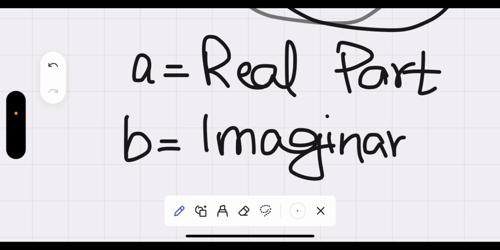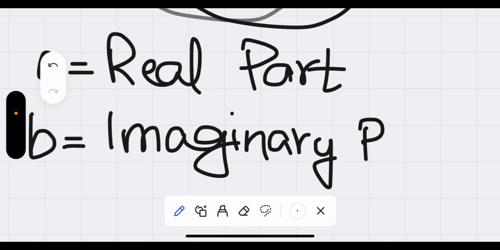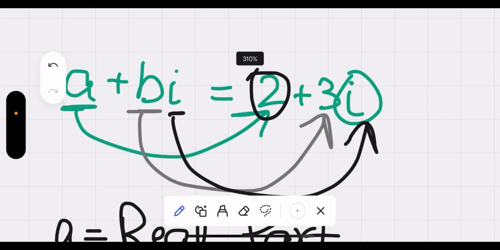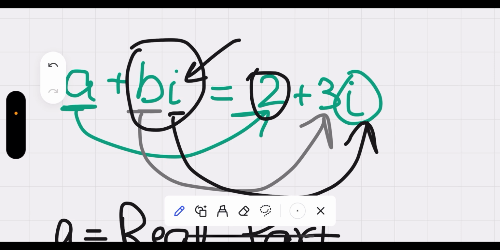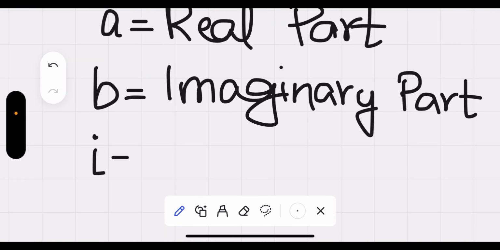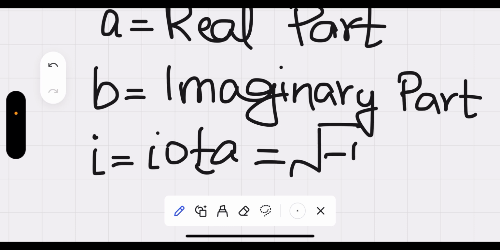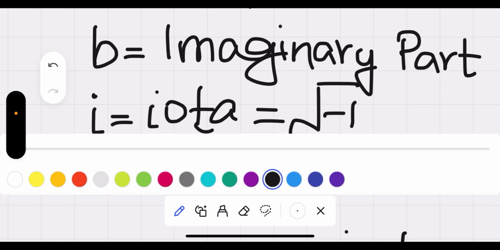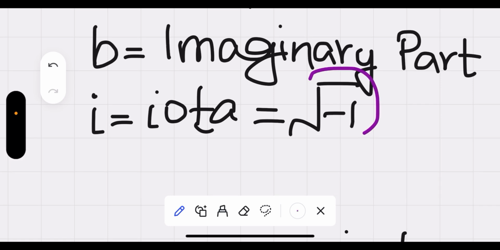Now what is an imaginary number or imaginary part? Whatever number is with the iota sign, this symbol i or iota, we shall call it the imaginary part. Here i is pronounced as iota and its value is square root of -1.